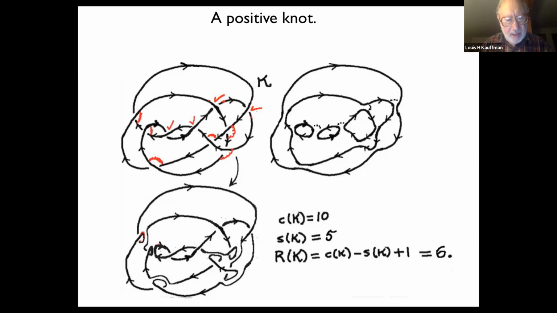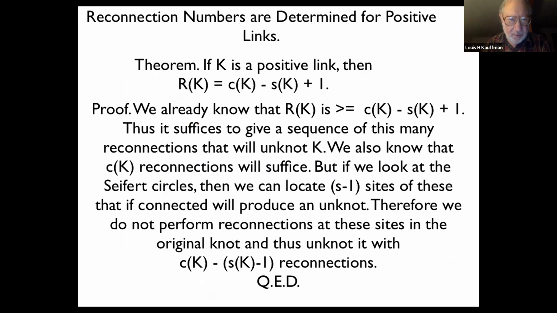So that means that with the positive knots, those come together because that's the lower bound. And so you can achieve the lower bound and you're done. And so we have proved here, for example, that this positive knot that you're looking at has reconnection number 6. So that's the proof of this theorem relying on Rasmussen. And so it's nice to know that we know the reconnection numbers for lots and lots of examples.